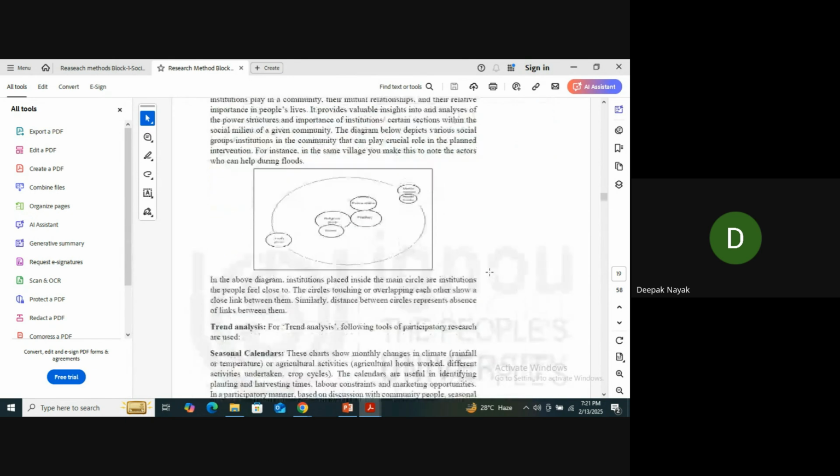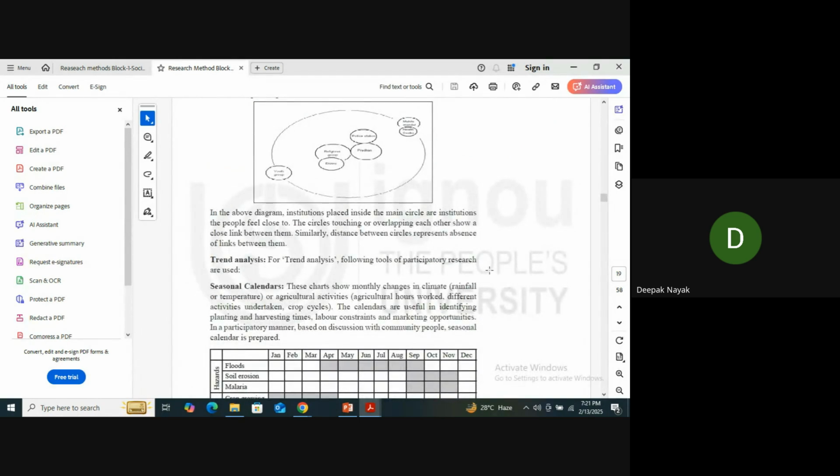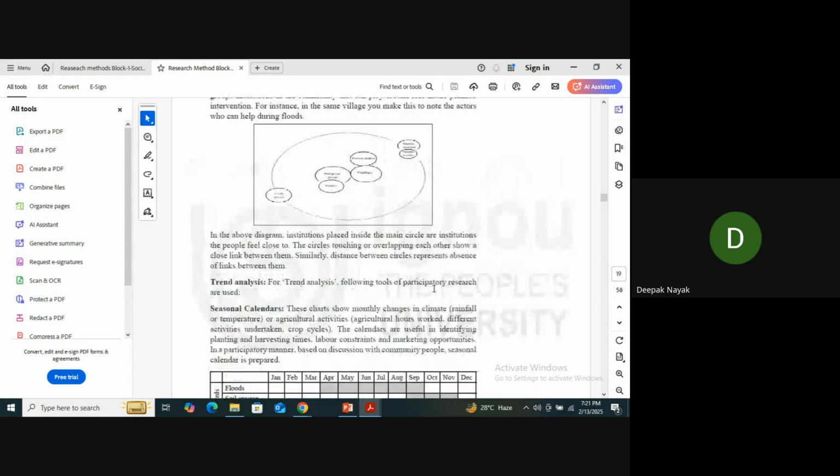And it also provides an idea about sociogram. Okay, sociogram. Sociogram means the relationship between and among the people of different groups in a particular community. You can read the material to have a better understanding about this.